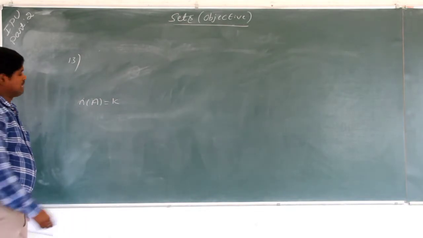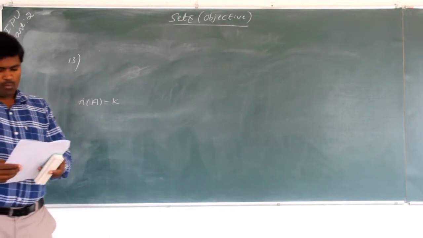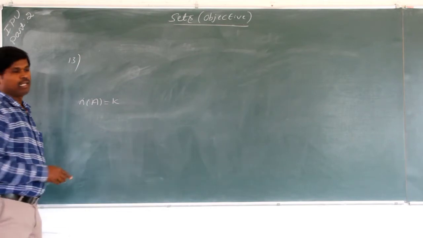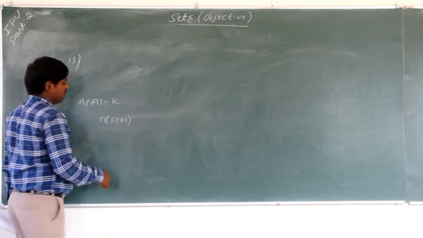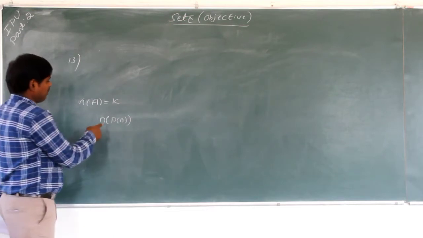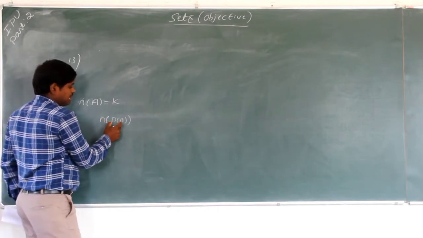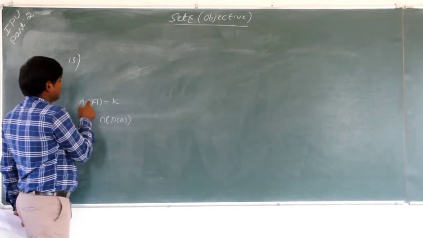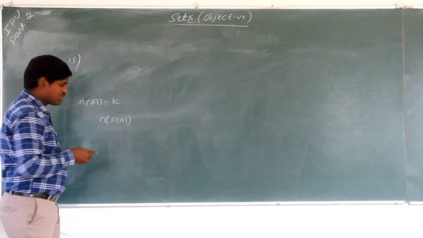We need the number of elements in P of A, the power set. This is a collection of all subsets of a given set. So how many subsets are possible if the set A consists of k elements? It is 2 to the power of k.